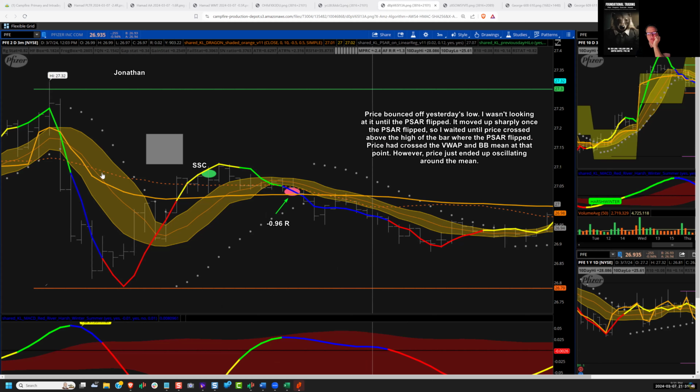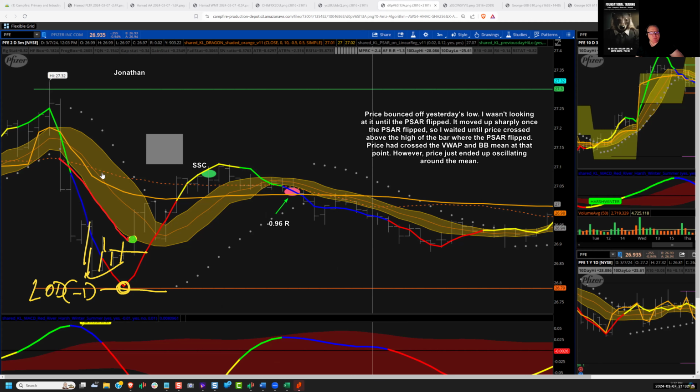This is yesterday's low, to the penny. I would say I would count this as a 1, 2, 3, or here, by the same logic of the trailing Bollinger or the trailing dragon, right?